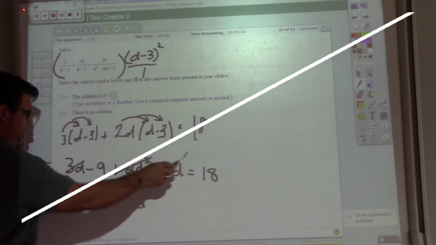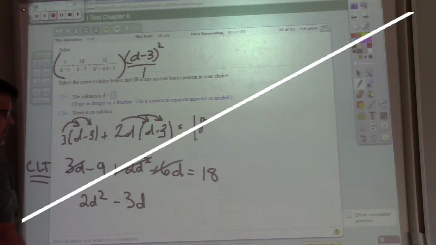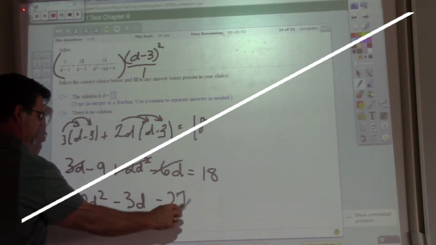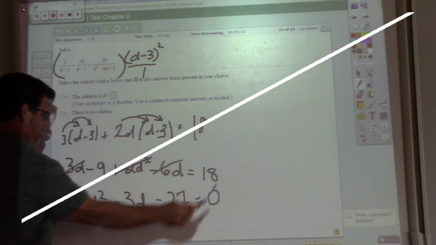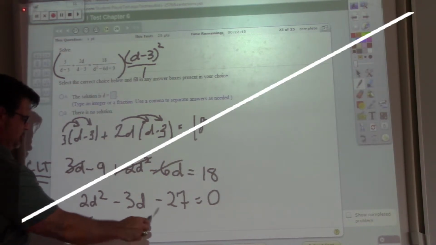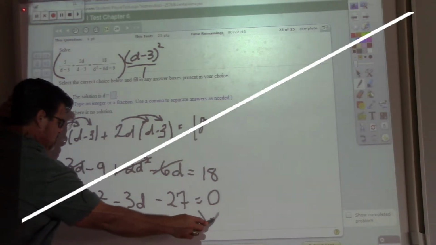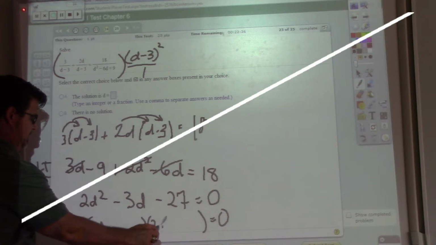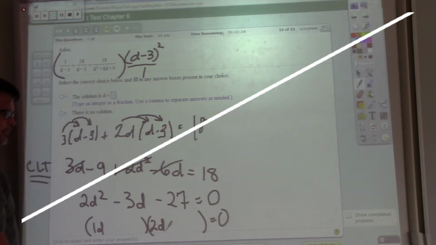Minus 3d, Hubert. And what's negative 9 minus 18? Negative 27. And reverse FOIL. I'm going to do the 2 for you. 1d and 2d. And y'all do the rest of it.